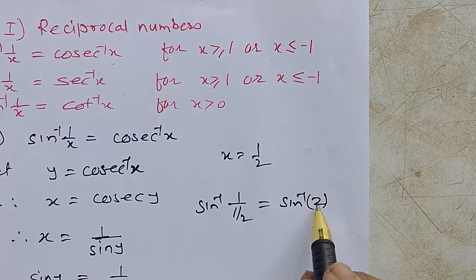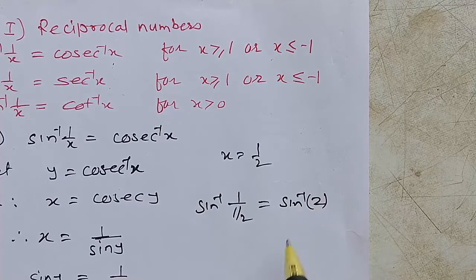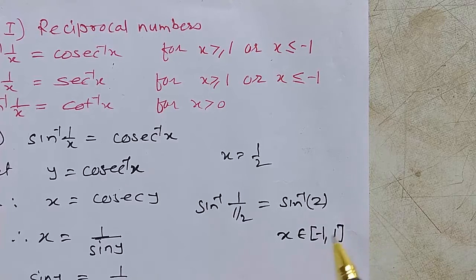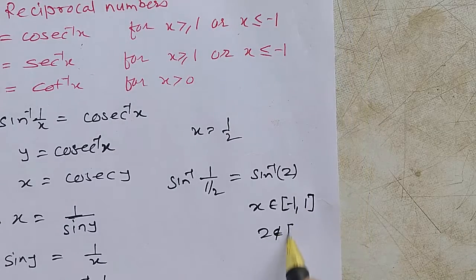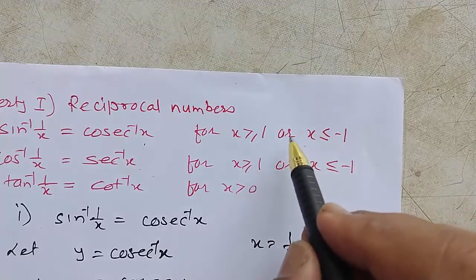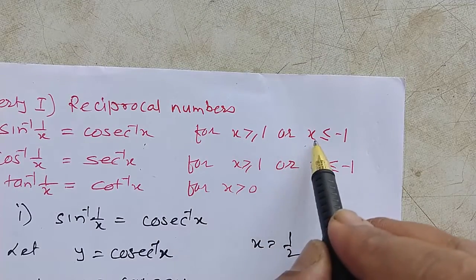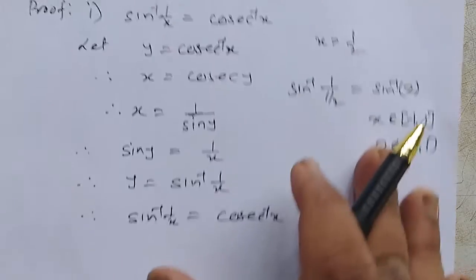This is not defined, because 2 does not belong to the domain of sine inverse, since x should belong to the closed interval minus 1 to 1. Therefore, there is a restriction on x: x is greater than or equal to 1 or less than or equal to minus 1.